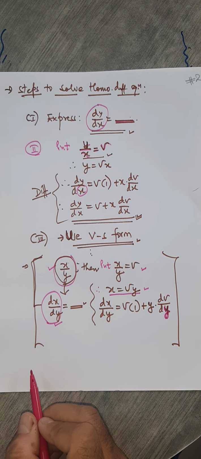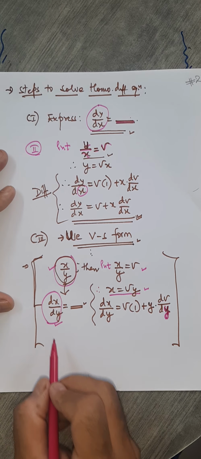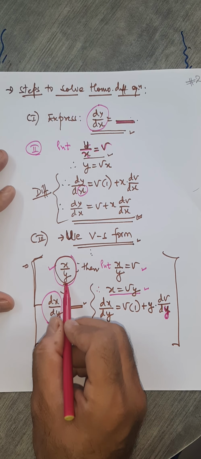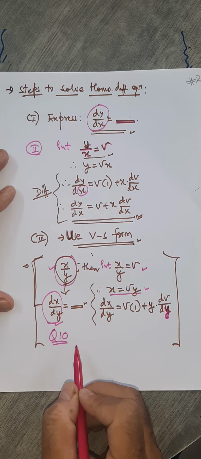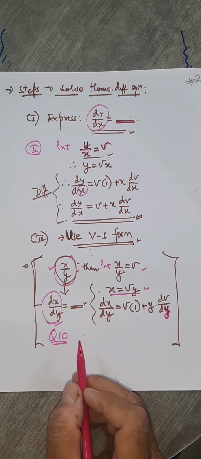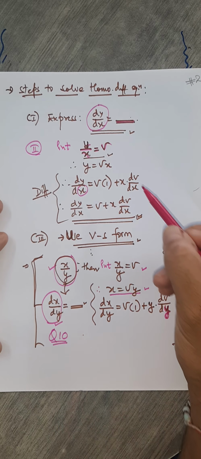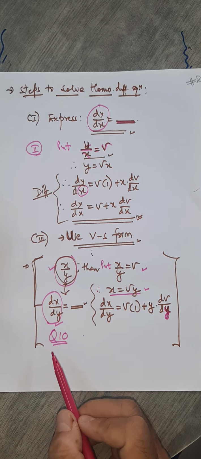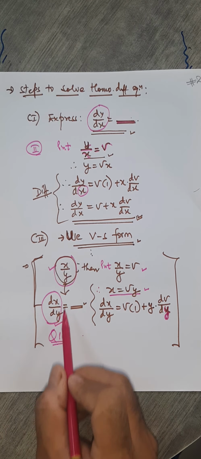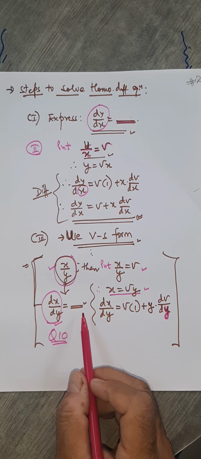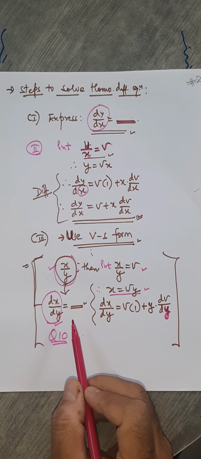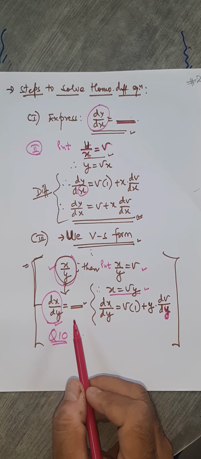For example, such x by y is involved in question number 10 of the exercise. The earlier questions contain y by x, but in question number 10 x by y is involved. So you can use this technique in that question.